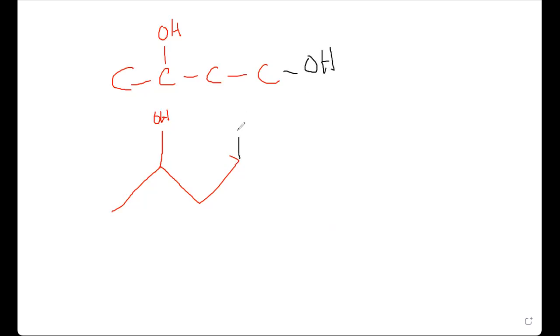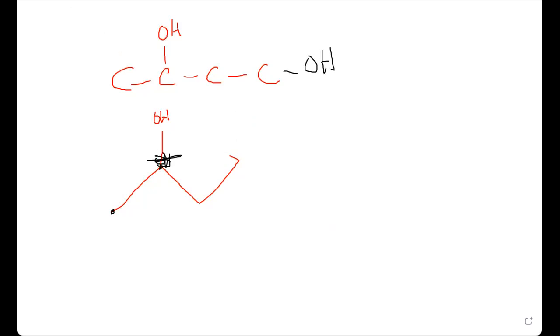Now, are you going to write it like this? No, this is not acceptable. What you have to do, wait, let me show you one thing. I'm making dots for the carbon. This is one carbon, now this is second carbon. Because if you are writing OH here, what does it mean? It means this is O, this is not carbon.